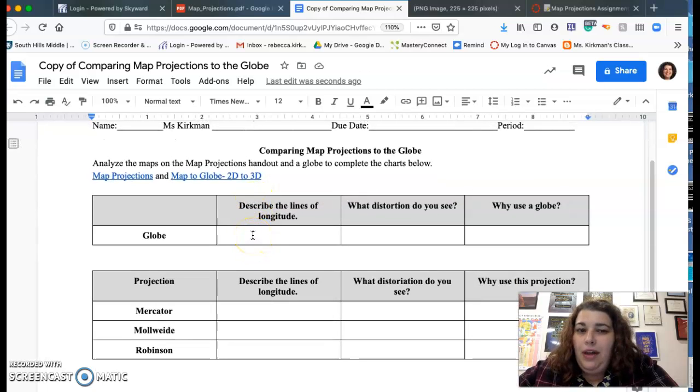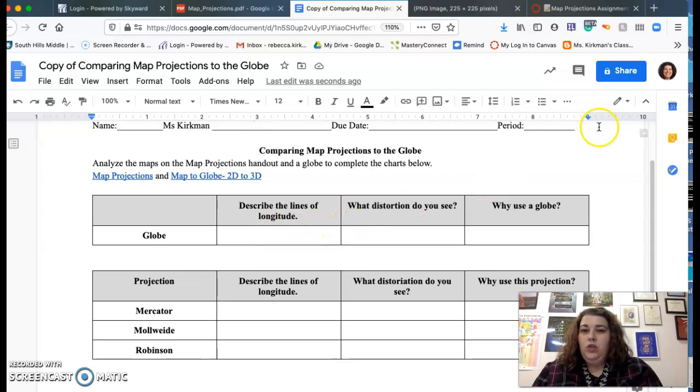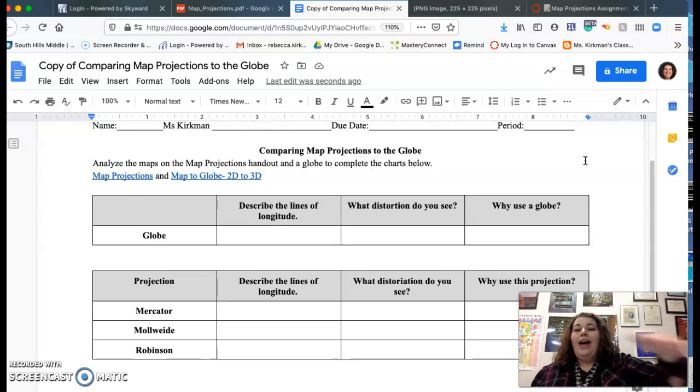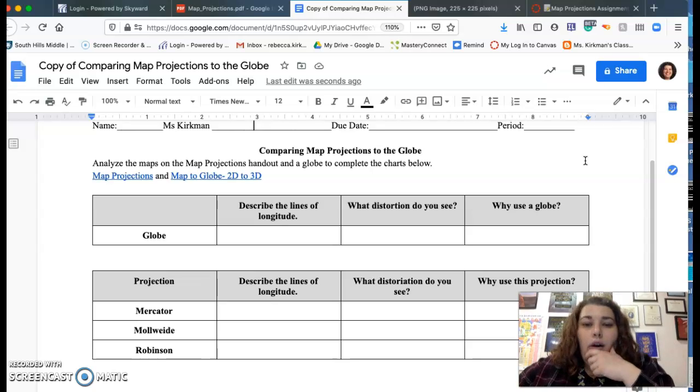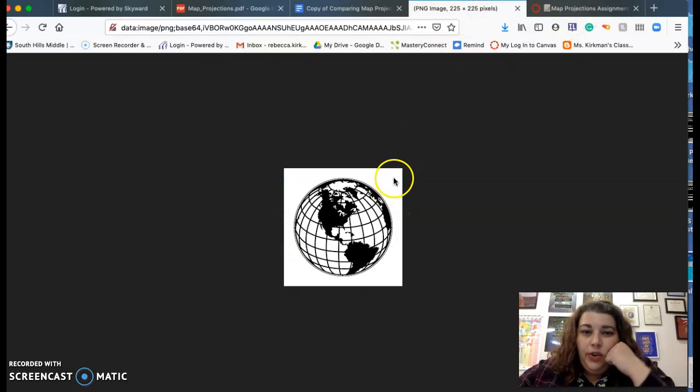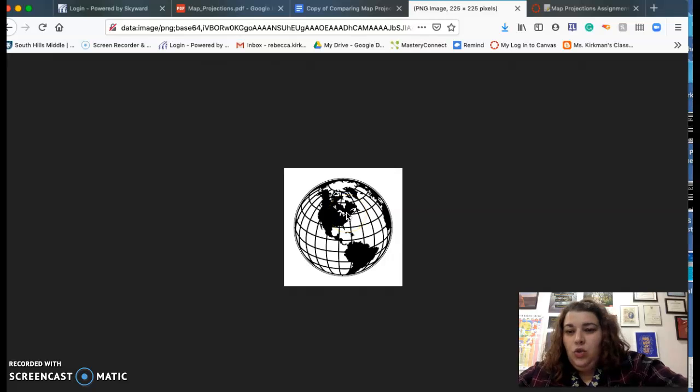So describe the lines of longitude. Remember, latitude is this way on the globe. So latitude is this way, karate chop this way. Longitude is up and down like this. So latitude, longitude. All right, now with the globe, if we look over here at this picture of the globe, we can see the longitude lines, the lines going up and down here.